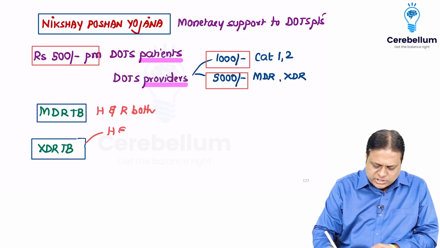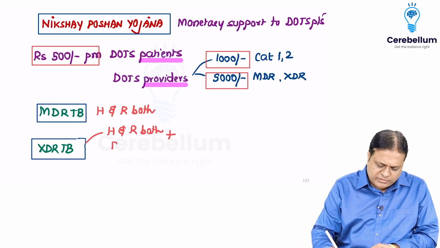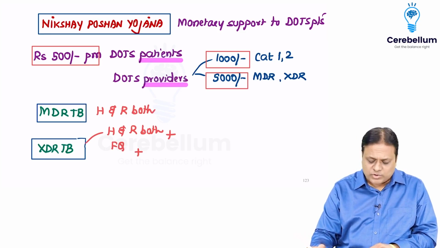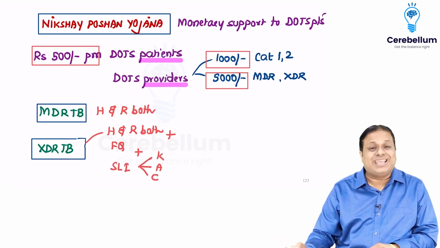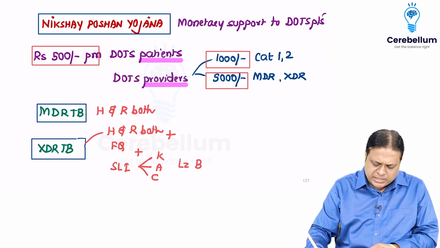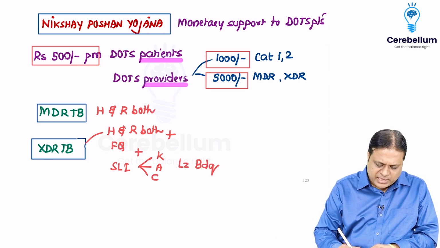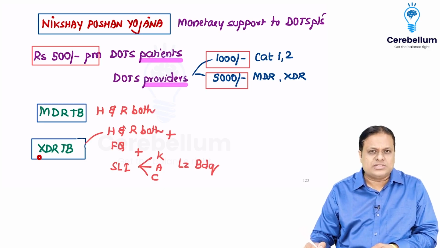So diagnosis includes resistance to both isoniazid and rifampicin plus any one fluoroquinolone, ciprofloxacin, ofloxacin, sparfloxacin, or second line injectable out of kanamycin, amikacin, capreomycin. Now linezolid and bedaquiline have been included in this resistance. Please remember X is extensively drug resistant tuberculosis.